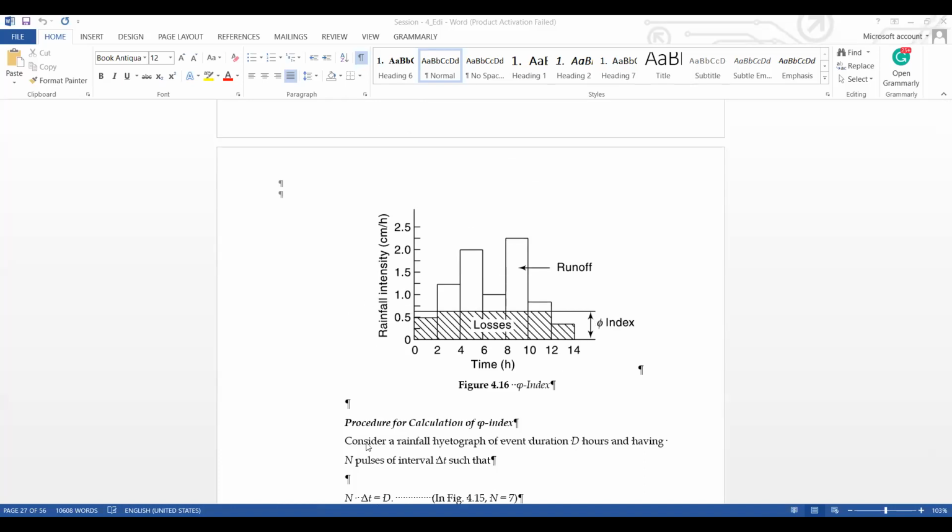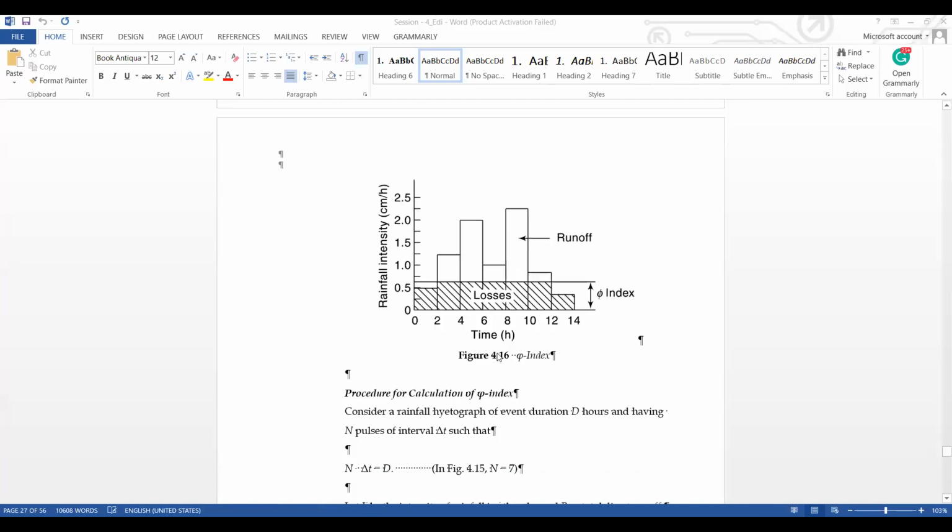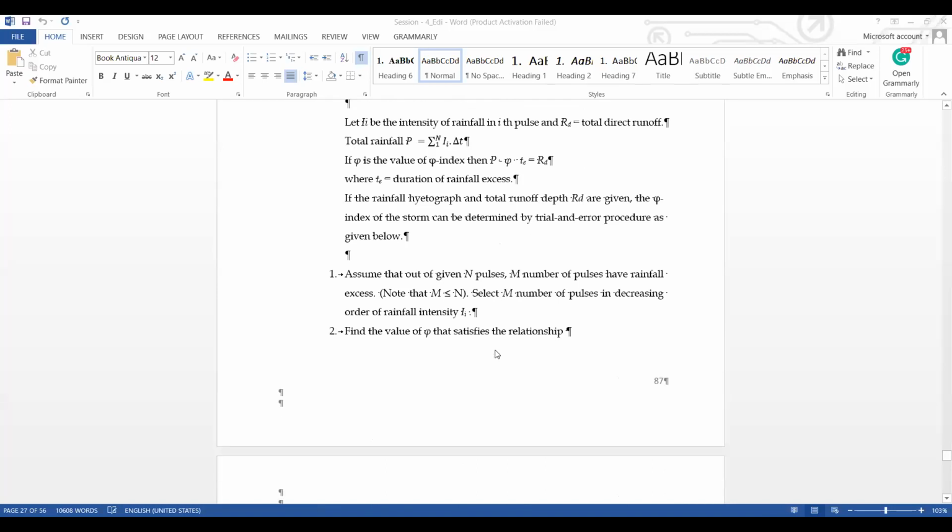Let's say you have decided m number of pulses are greater than the phi index, but if the calculated value is, let's say, m plus 2, your assumed phi index is wrong, right?